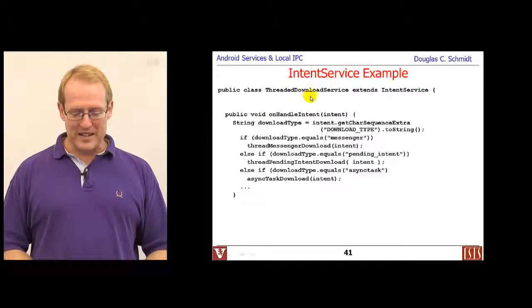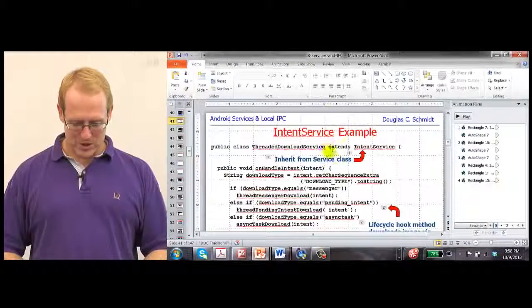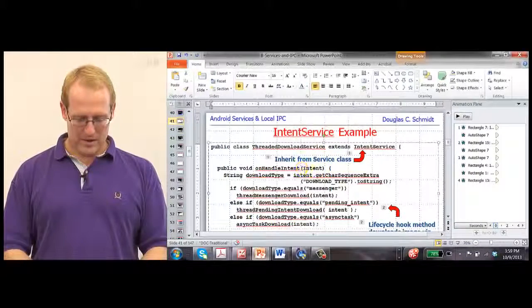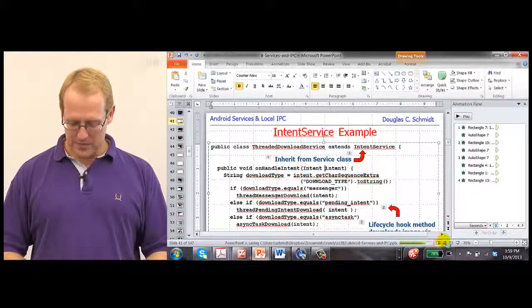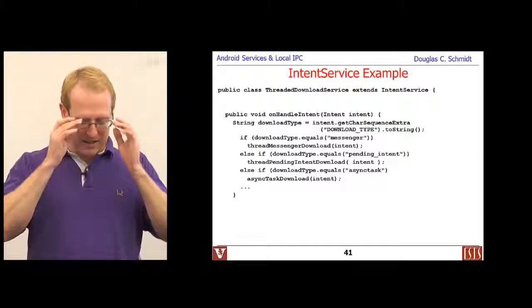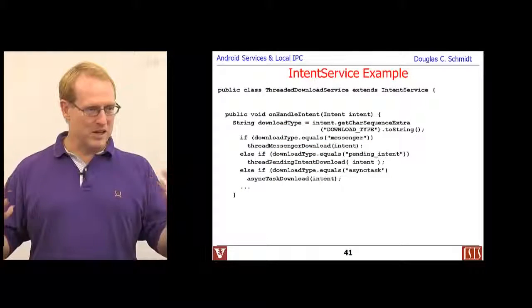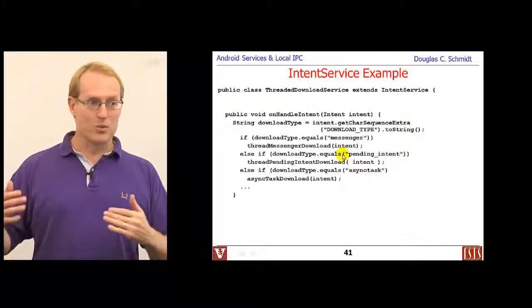So we make a ThreadedDownloadService, which extends IntentService, and its onHandleIntent method, which takes an intent, goes ahead and takes a look at various things, and based on what it finds, it'll go ahead and do some work.